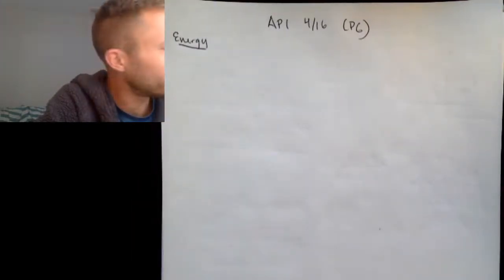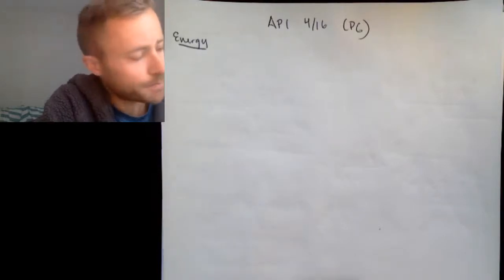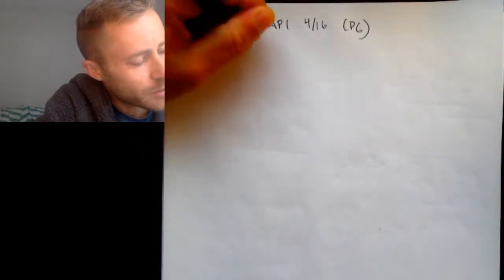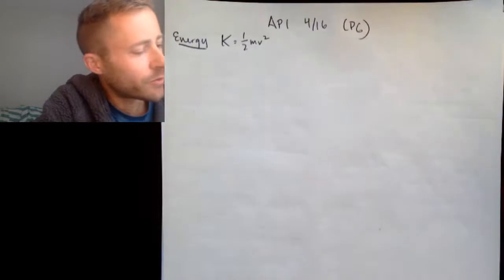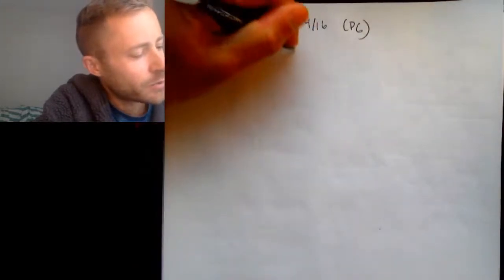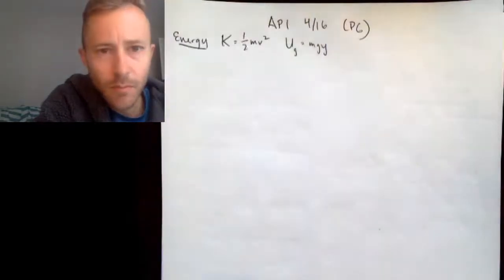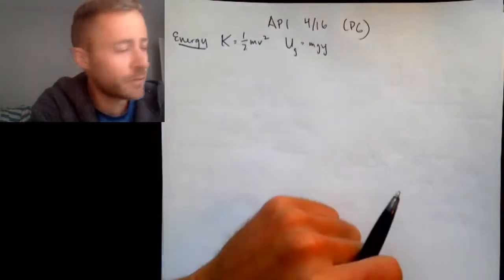We learned about three different types of energy. There was kinetic energy, which is the energy of motion. We learned about gravitational potential energy, which is the energy because of your location in a gravitational field.